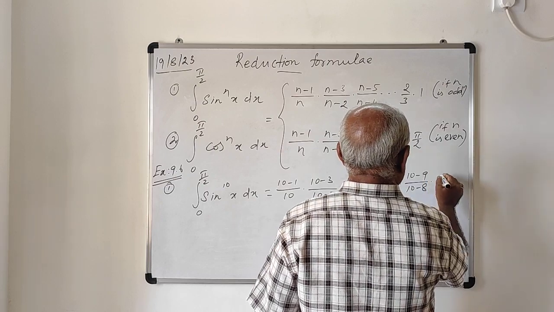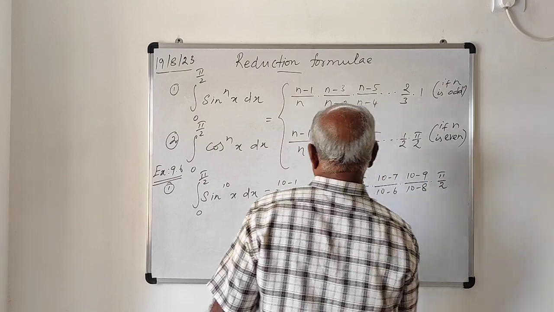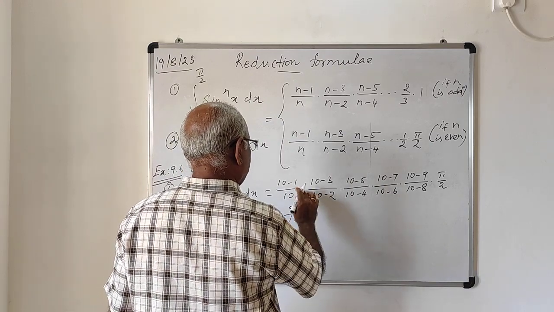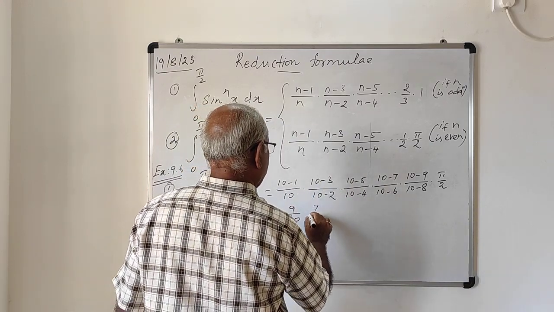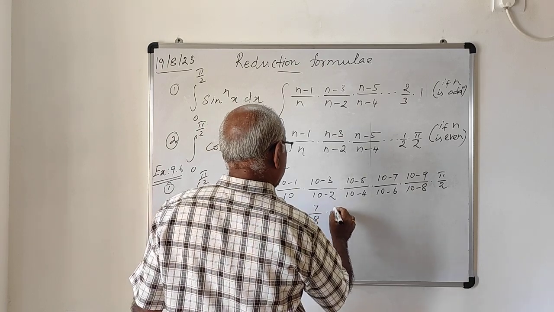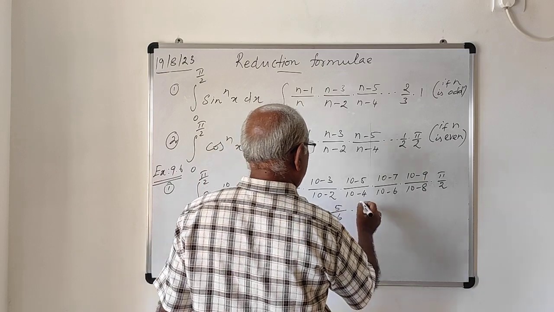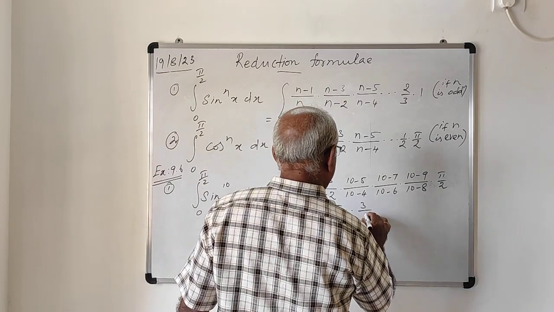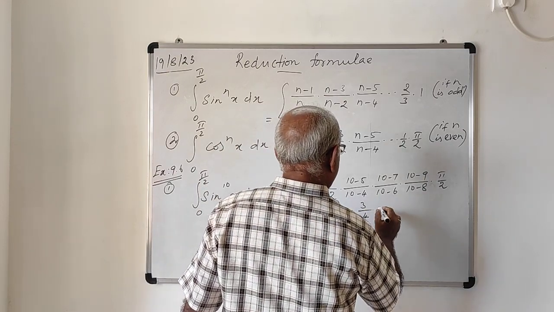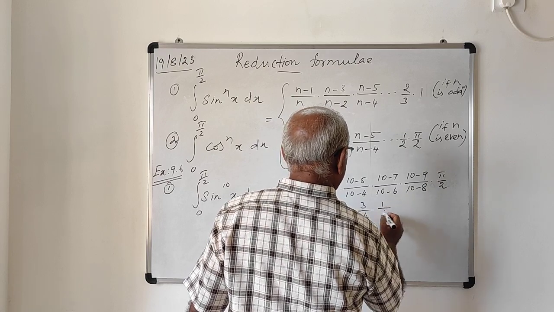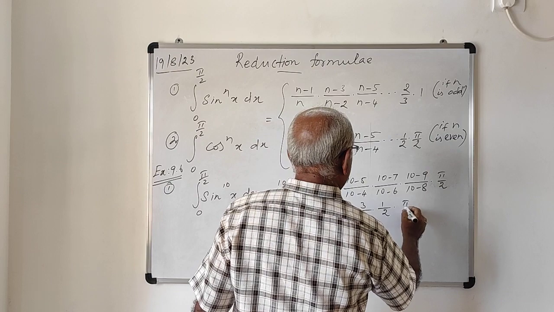The final term is pi by 2. On simplifying, you will get 9 by 10, then 7 by 8, 5 by 6, 3 by 4, and 1 by 2 into pi by 2.